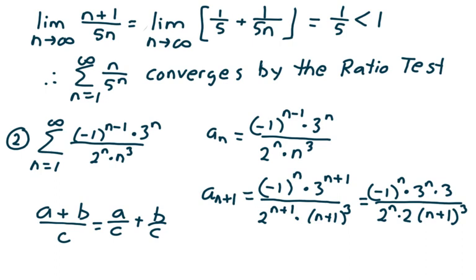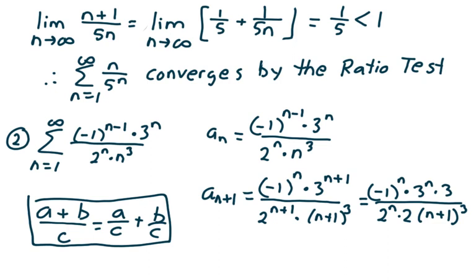Now, let's look at the limit as n goes to infinity of n plus 1 over 5n. For this next line, you might notice I'm splitting the fraction. So I can write this as the limit as n goes to infinity of 1/5 plus 1 over 5n.